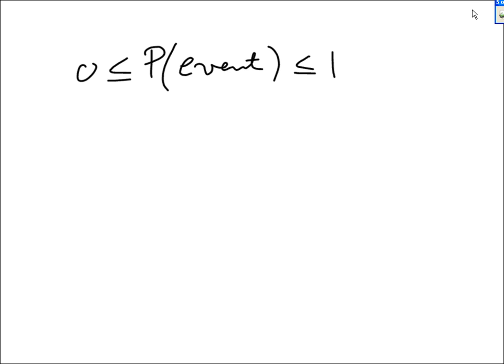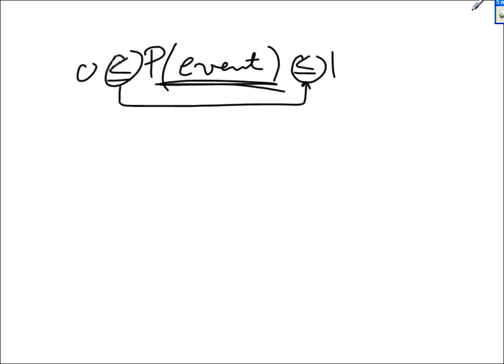Well, that's going to be between 0 and 1. The probability of an event is less than or equal to 1, but bigger than or equal to 0. These symbols mean in between. The probability of any event is in between that number and that number.